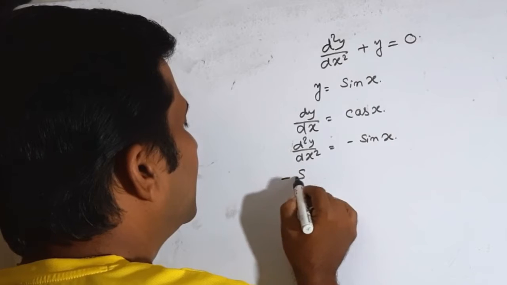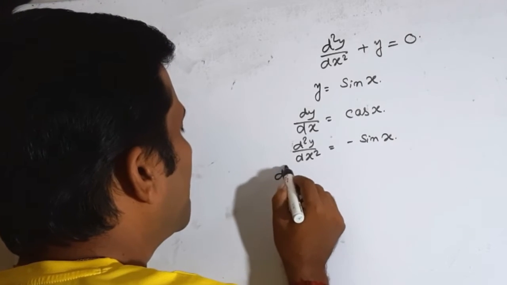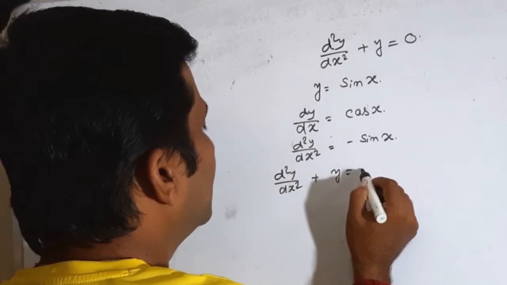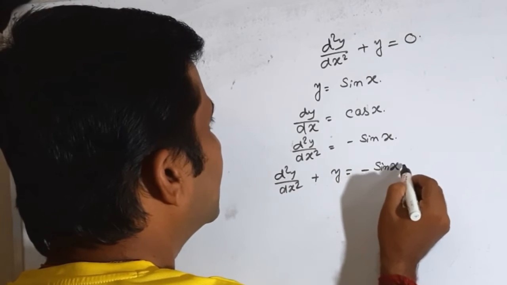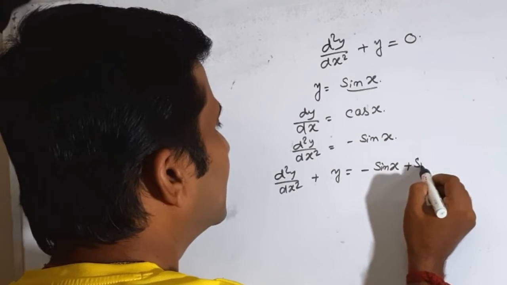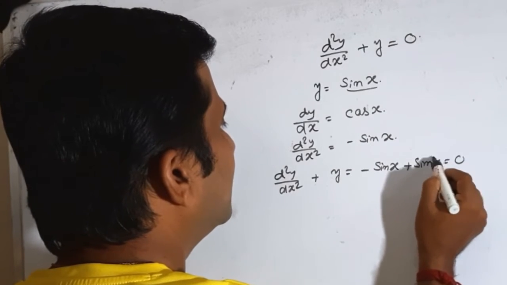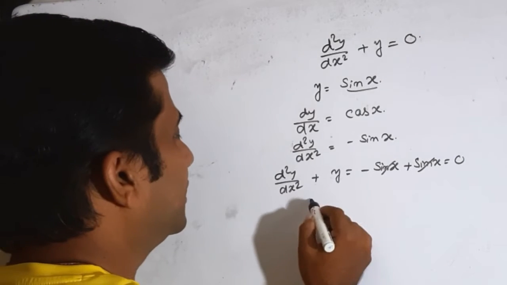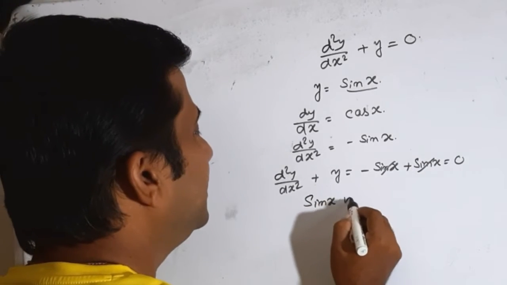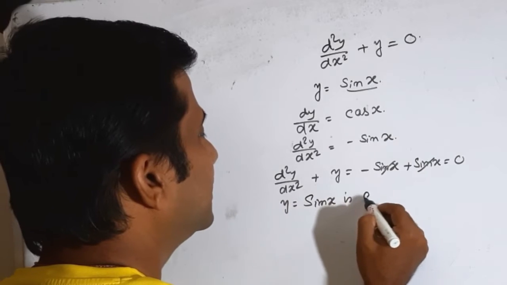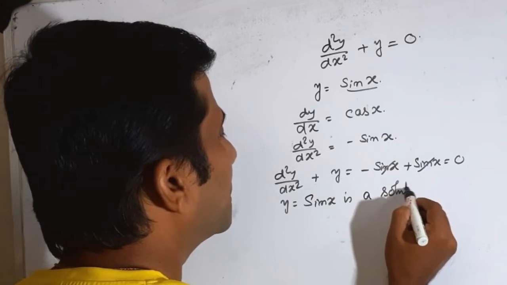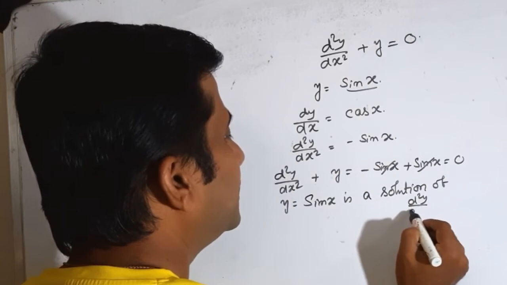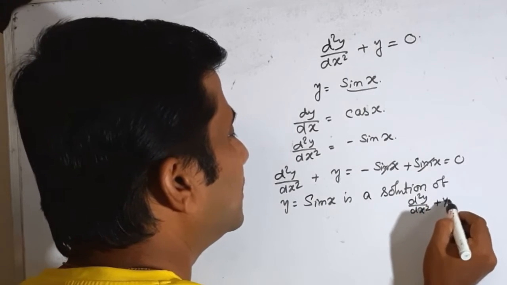Now putting in d2y/dx2 plus y, minus sin x plus sin x is equal to 0. So from here we can conclude that y is equal to sin x is a solution of d2y/dx2 plus y is equal to 0.